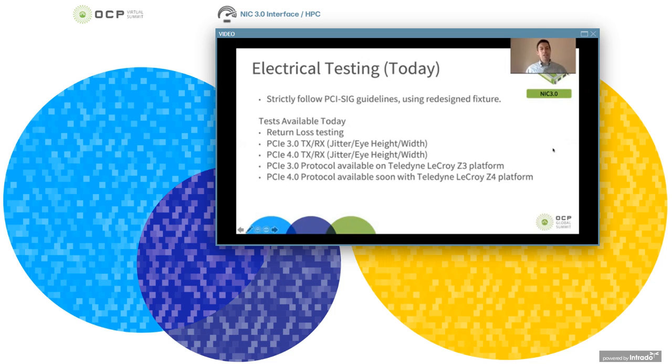There are no major changes from 3.0 to 4.0 protocol-wise, but there are some places in the specification where previously reserved bits are now in use. So if you have a 4.0 product, you want to make sure you run the 4.0 protocol tests on it, or you might get some unexpected protocol failures because of those differences in reserved bits. So just something to pay attention to.